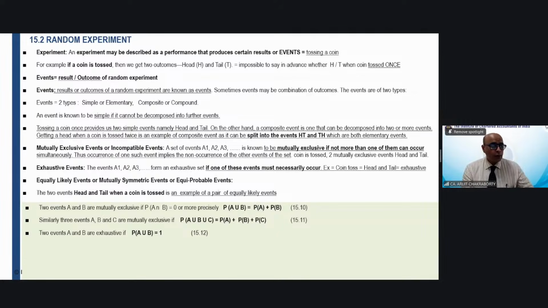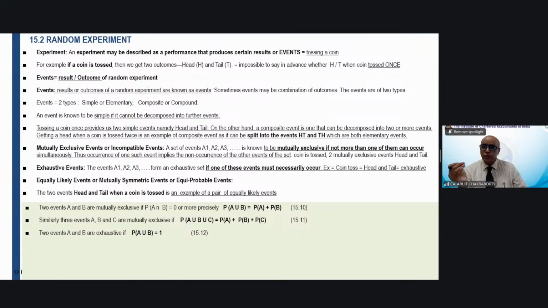The next formula: two events are exhaustive. Please recall what we learned by the term exhaustive. Exhaustive means that one of these events, out of a given set of events, must necessarily occur. That means for finding out the probability of A union B, the total probability is 1. That means out of A and B, one has to occur with full certainty. So it could be either A or it could be B, but one out of them will occur.